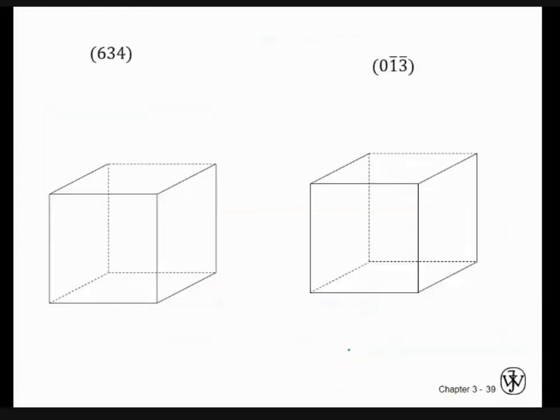So let's see, if this plane is given, these Miller indices, how to draw the plane. First, I will assume that this one is positive y, positive z, and positive x-axis. So open the brackets, 6, 3, 4. Take the reciprocal, 1/6, 1/3, 1/4.